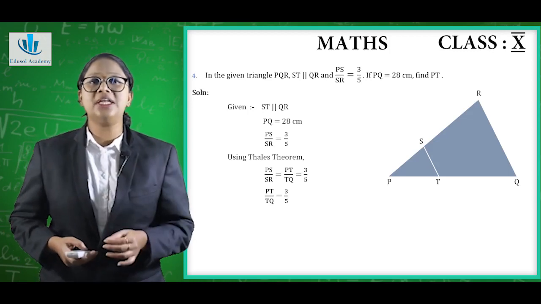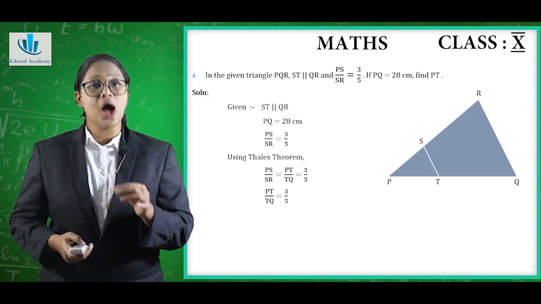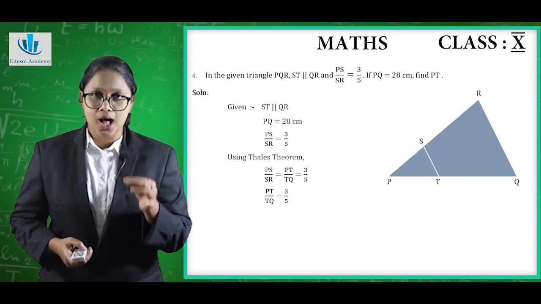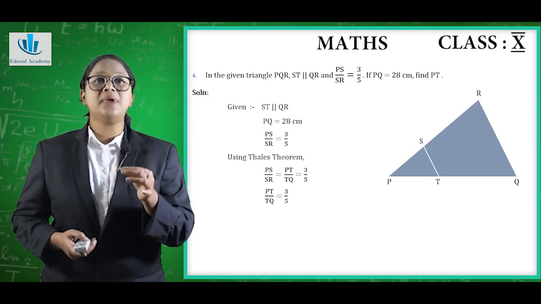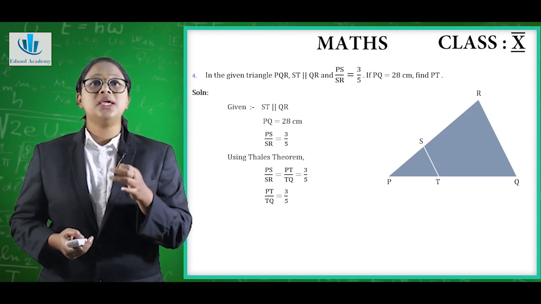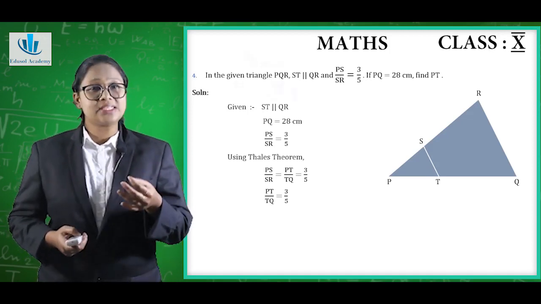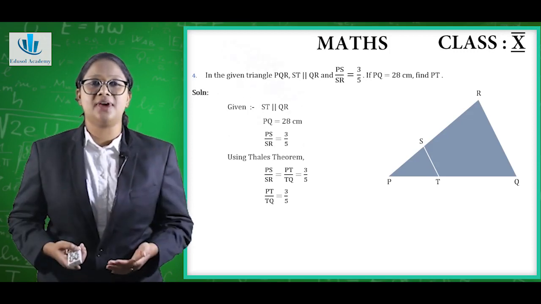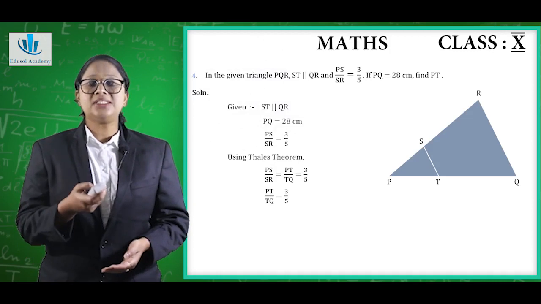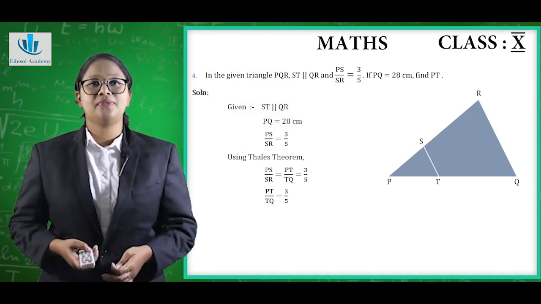So by BPT, we can say that in triangle PQR, PS by SR is equal to PT by TQ is equal to 3 by 5, because in the question they had directly given that PS by SR is equal to 3 by 5. I hope that's clear. So PT by TQ will also be equal to 3 by 5.